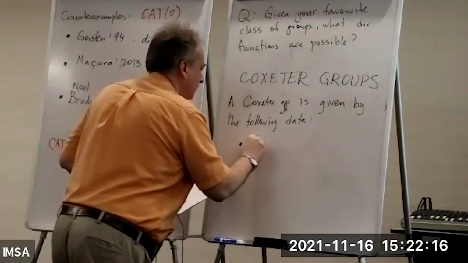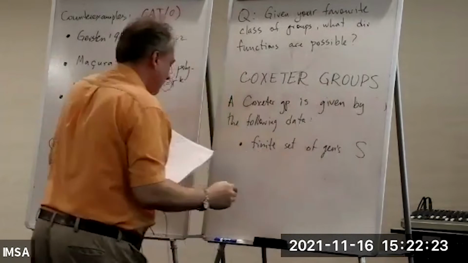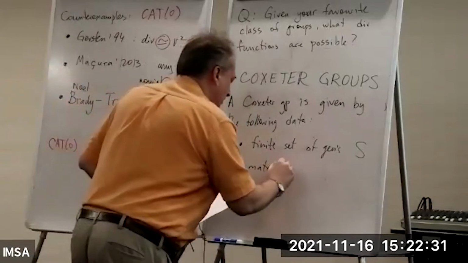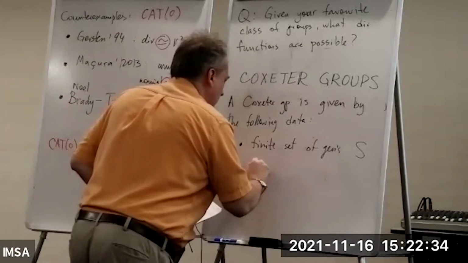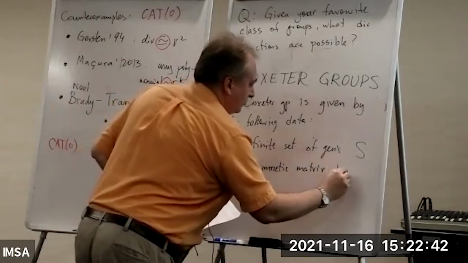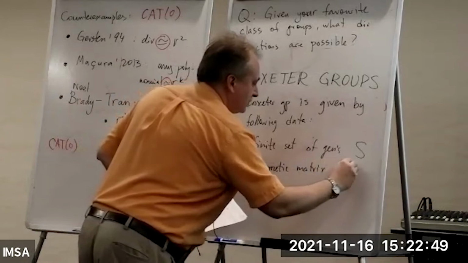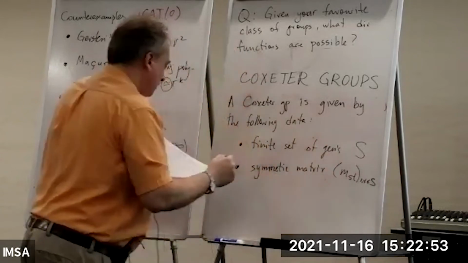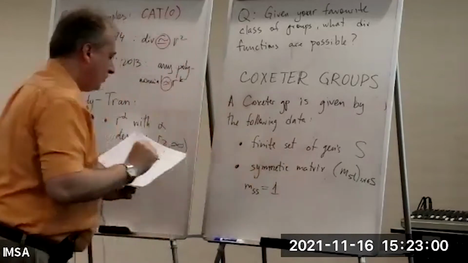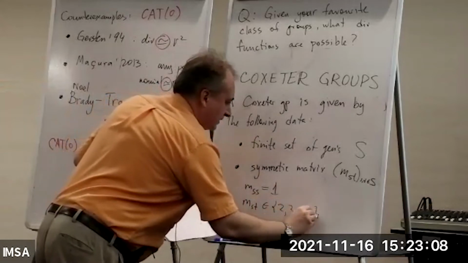A finite set of generators S and a symmetric matrix M_ST, which consists of positive integers or simply infinity, with the property that on the diagonal we have ones, and all others are from 2, 3, 4, etc., union infinity.